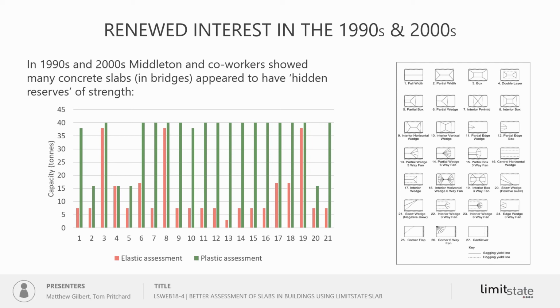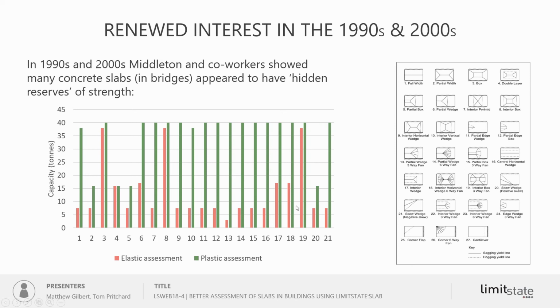On this slide, the green bars show the plastic capacity and the red bars show the elastic capacity. You can see a large number of those bridges were identified as having the capability to carry 40-ton vehicles when conventional elastic methods had indicated that they were substandard.